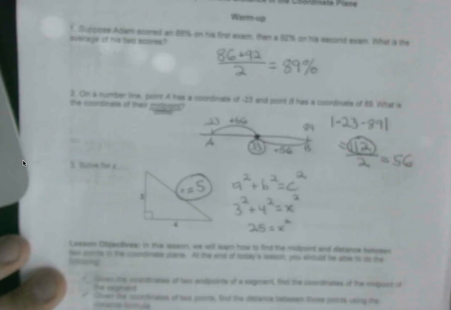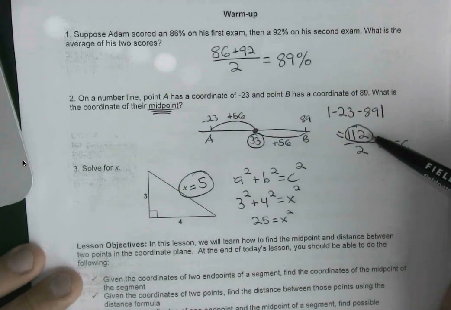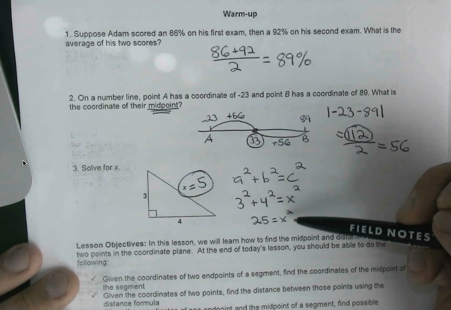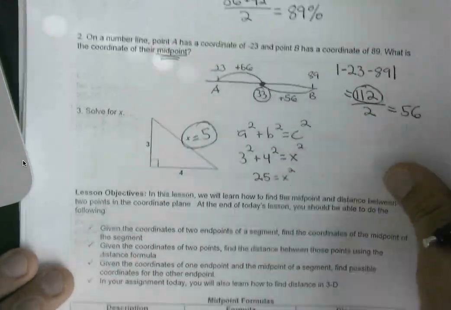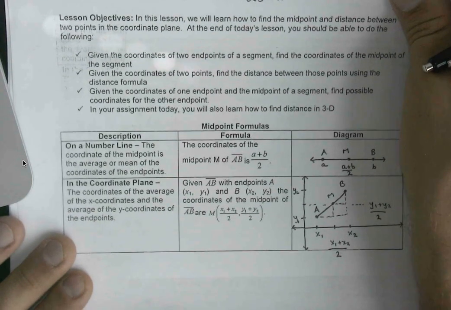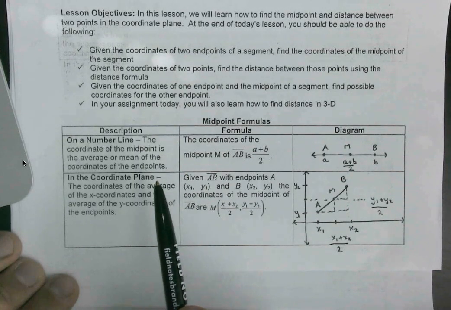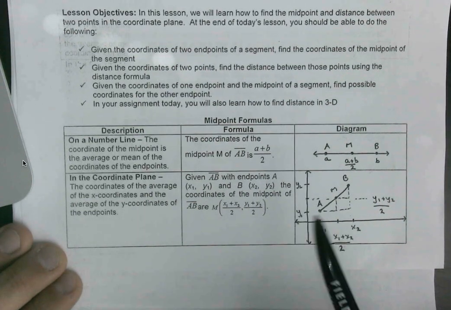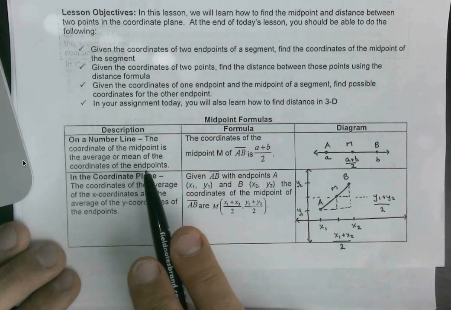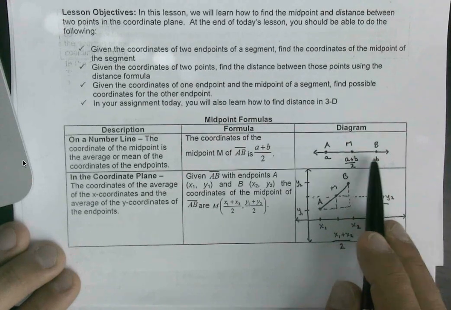And so you might be asking yourself, why did we take an average? Why are we taking distance and cutting it in half? And why are we using the Pythagorean theorem to measure a distance that we don't know? Well, if we look at the formulas that we need, the midpoint formulas, whether on the number line or on the coordinate plane, we use this, just like we did: if we're taking the midpoint on a number line, we would take the coordinates, add them up, and then take half.